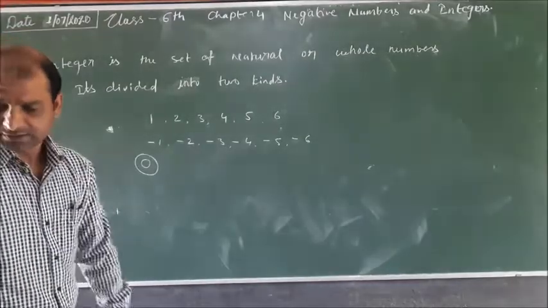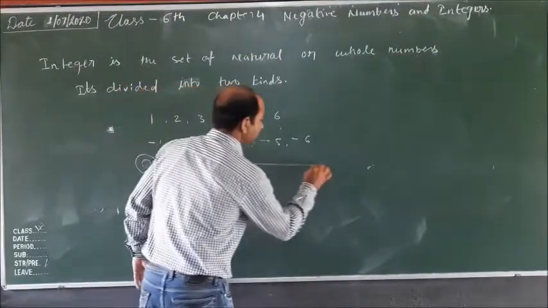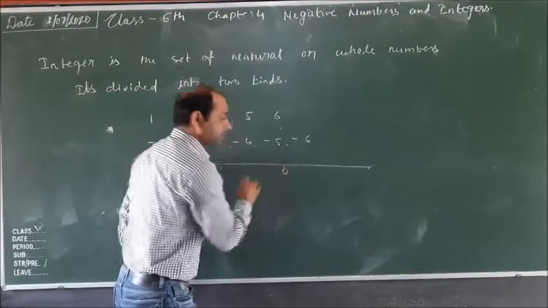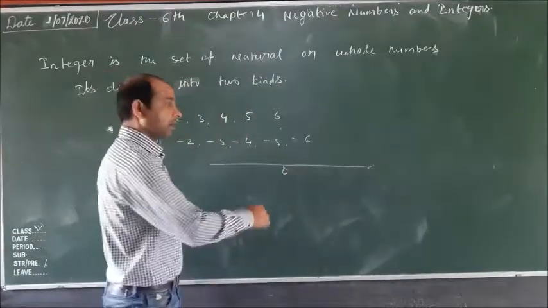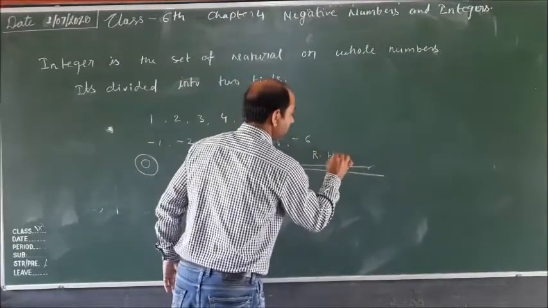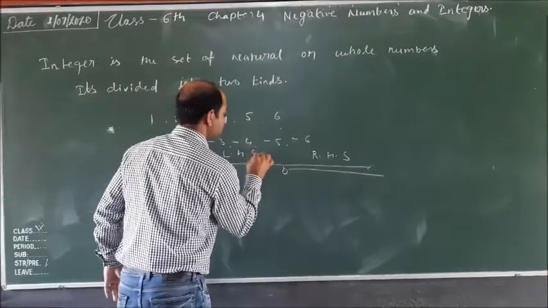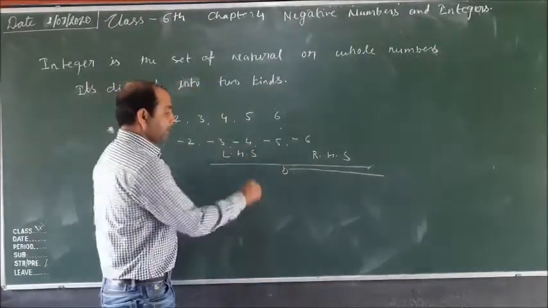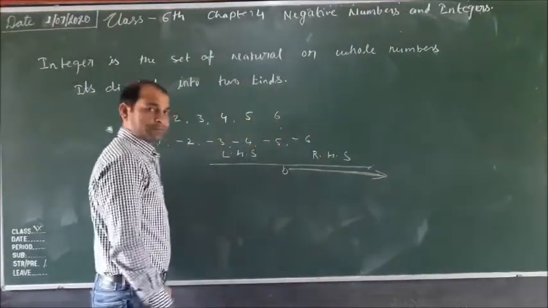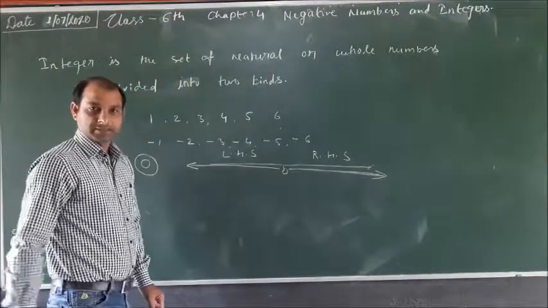My dear students, when we use the number line, positive integers increase on the right side. This is the right hand side and this is the left hand side. Positive integers increase on the right side and negative integers increase on the left hand side.